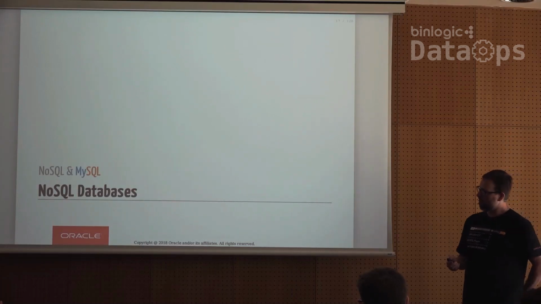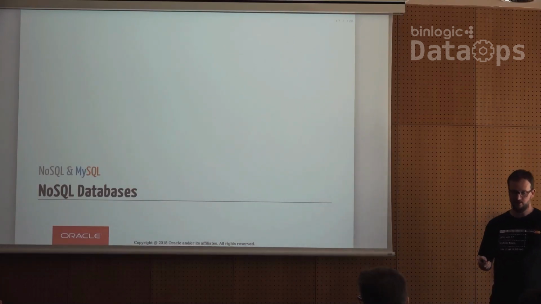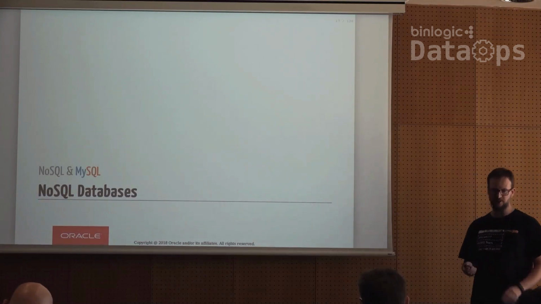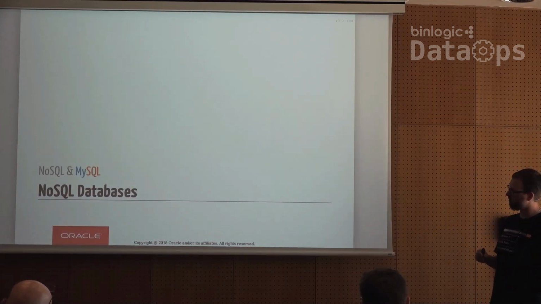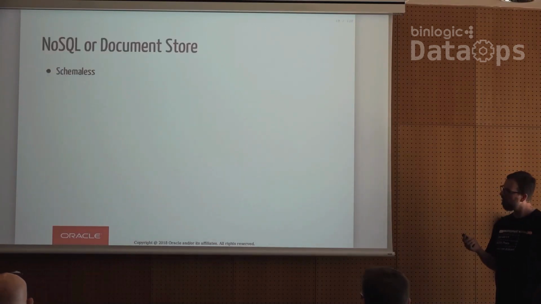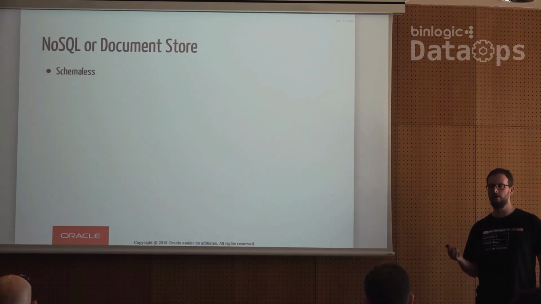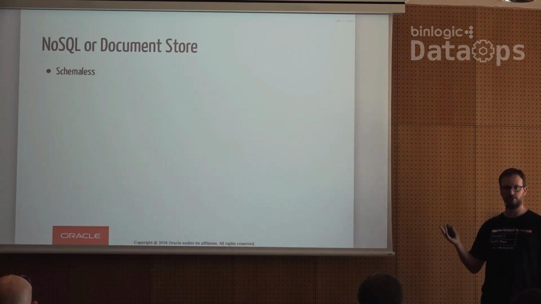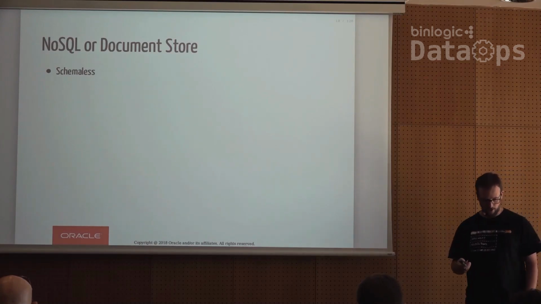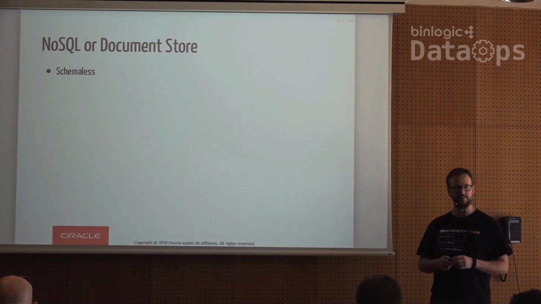So now about NoSQL databases. We have seen a small description of relational databases; now I want to give you a small description of NoSQL databases and why people are using them. First of all, it's schemaless. You have no schema anymore, so you can import your data and you don't have to design anything in advance.